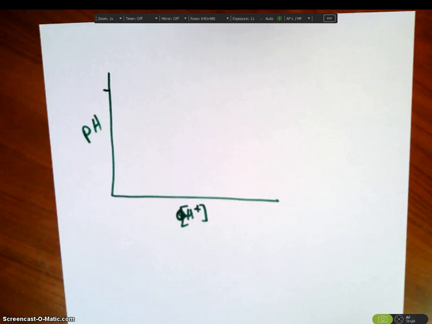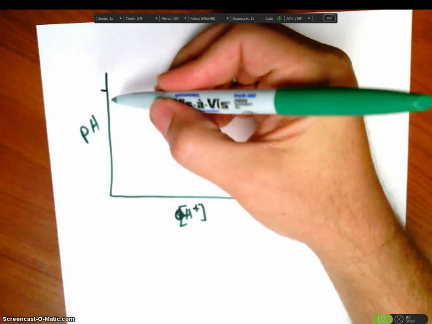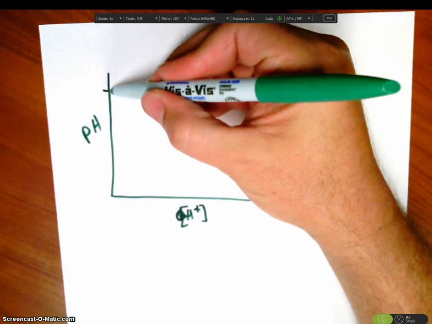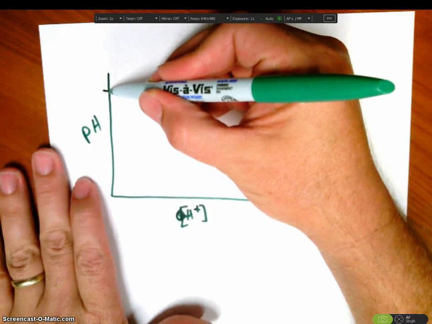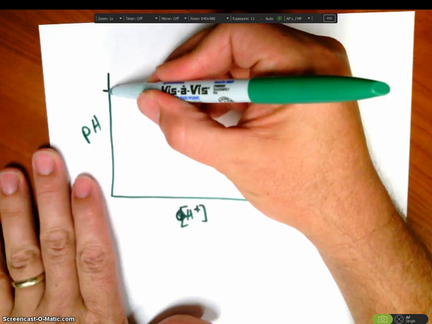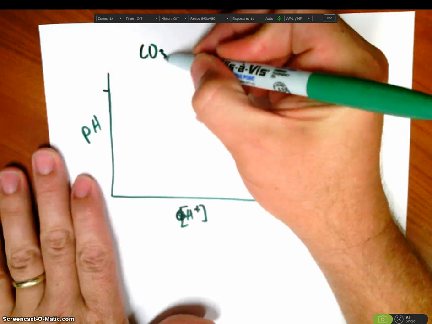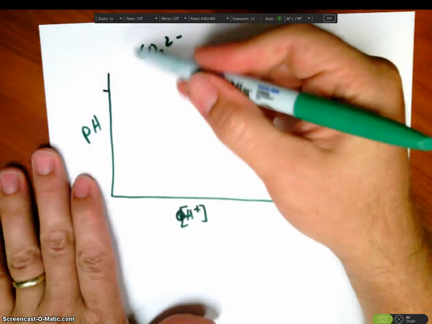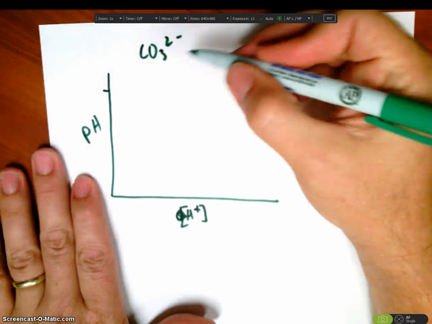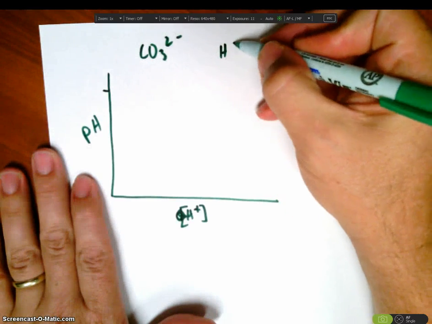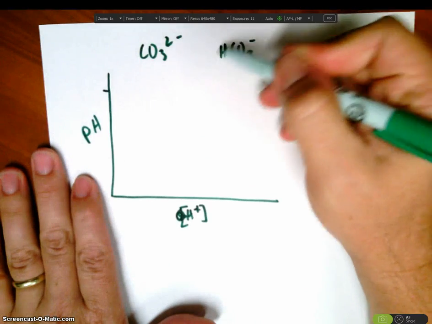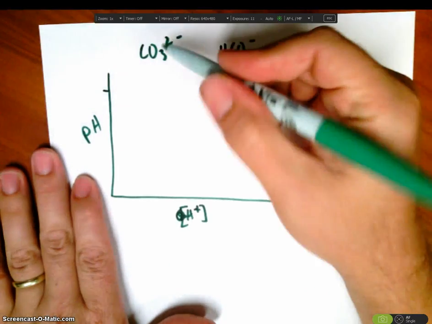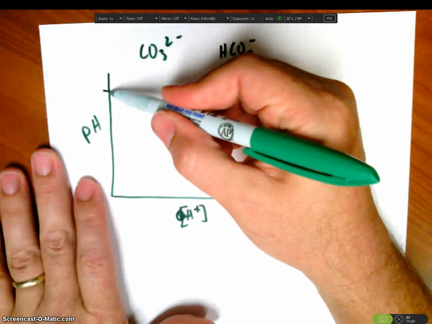Then as we start to add acid, the pH will try to go down, but initially the sodium carbonate and sodium bicarbonate are going to be used up. First, it's the sodium carbonate, because it's the CO3 2- ion, right? And that one, this is the carbonate ion. The bicarbonate ion has 1 proton with it, and so it has a weaker affinity for the proton. So this is the first thing that's going to be used up.